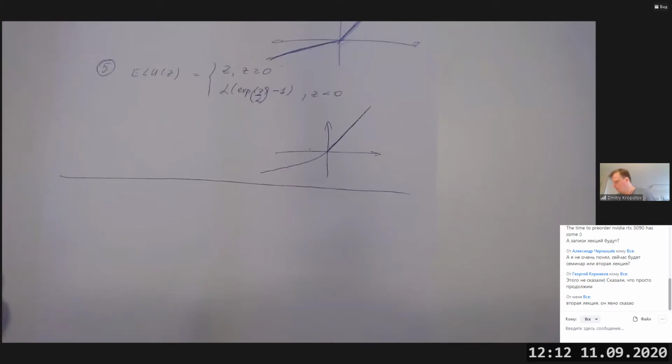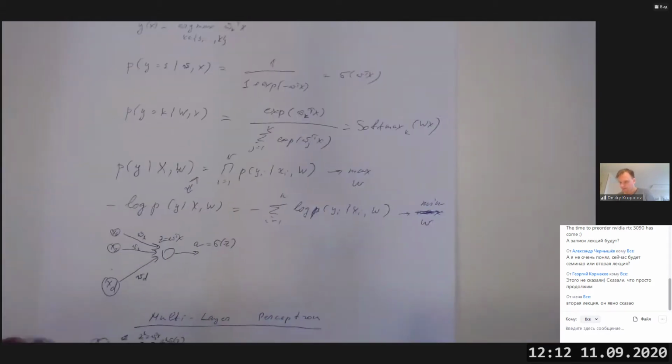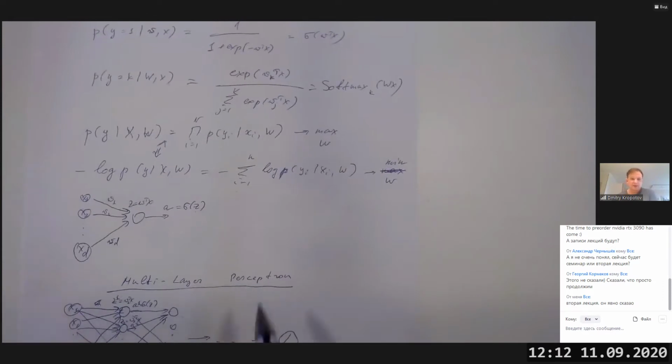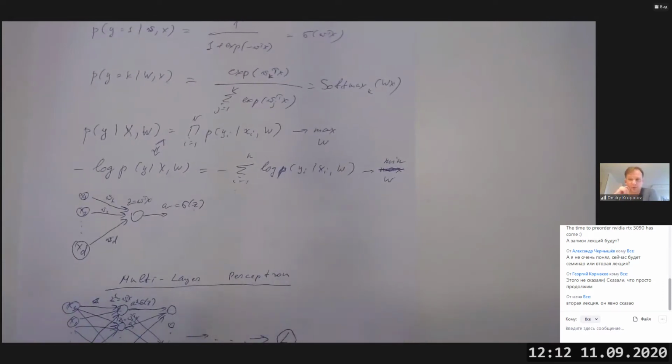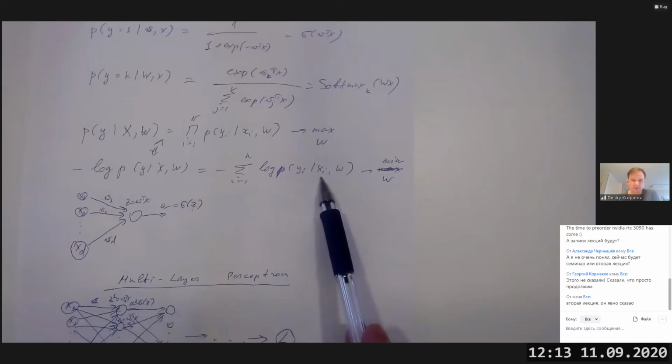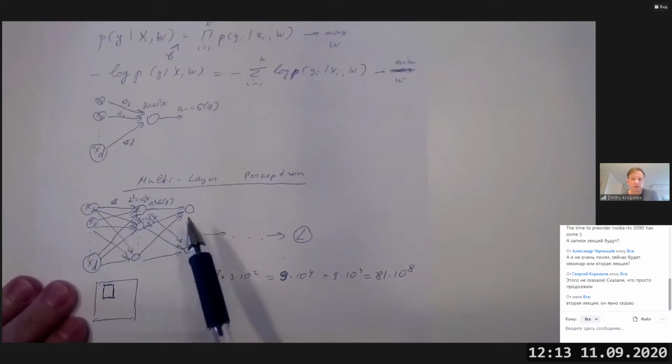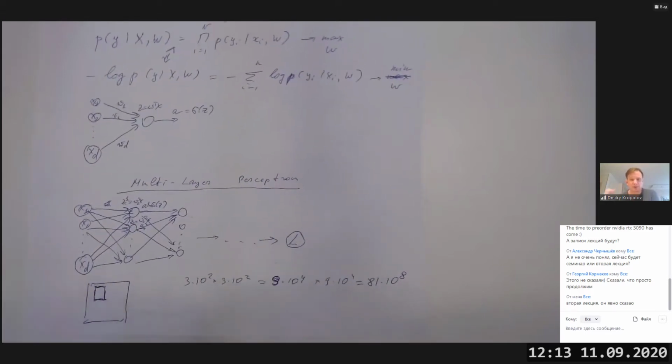Okay, well, now let's continue our discussion. So let's return again to the optimization problem that we have here for learning logistic regression, or this similar situation, but when your score function is calculated by a multilayer perceptron.